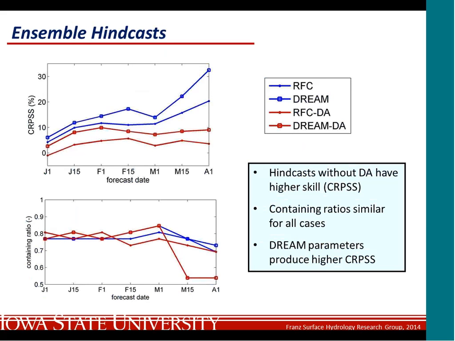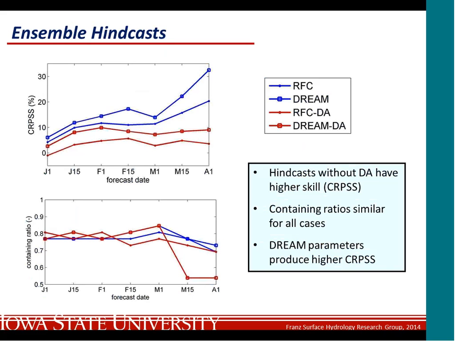Moving on to an assessment of the hindcast in a probabilistic sense, this first plot up here shows the continuous rank probability skill score. Again, that's looking at the accuracy of the entire ensemble with respect to the observation. And this is being reported as a skill score, so it's relative to just using a climatology forecast.